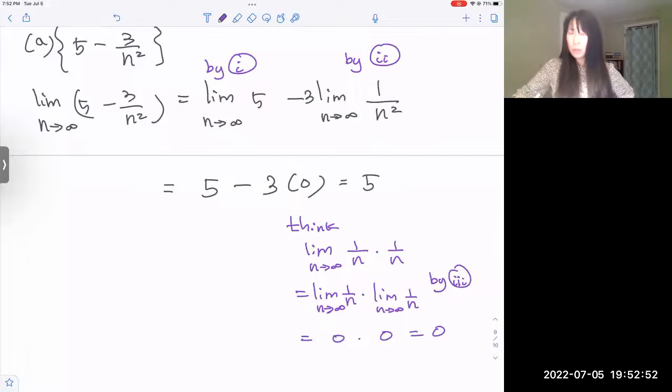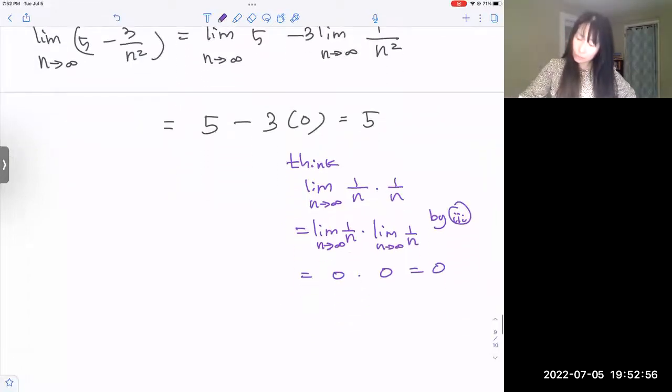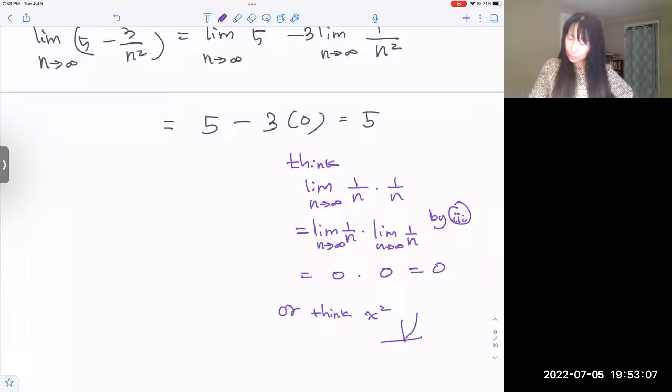Or we can think about the graph, right? Think of the x squared graph, right? A parabola open upward, right? Then when x approaches positive infinity, the graph goes to positive infinity.